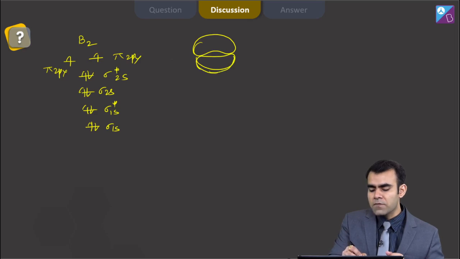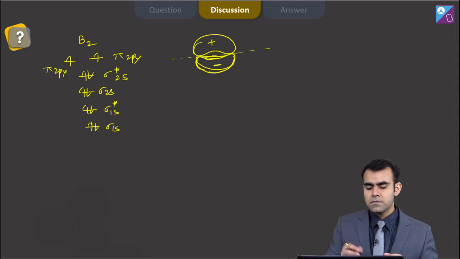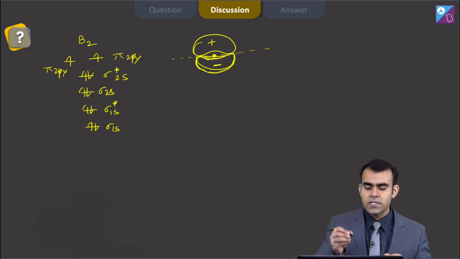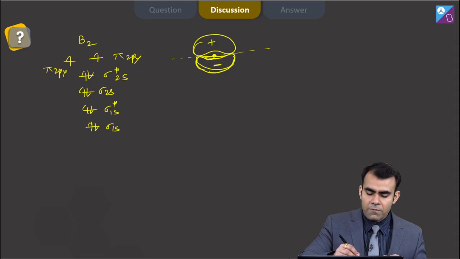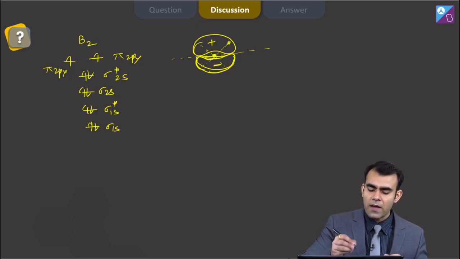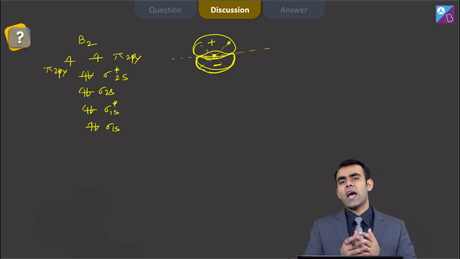So here, if this is the internuclear axis, we have something like this. This is positive and let's say this is negative. And this is the center point. Now if I move to different side along this point, you can see that here we have positive, here we have negative.